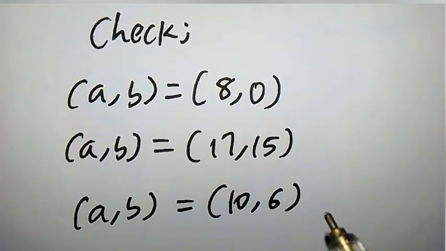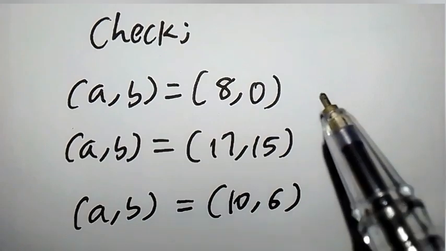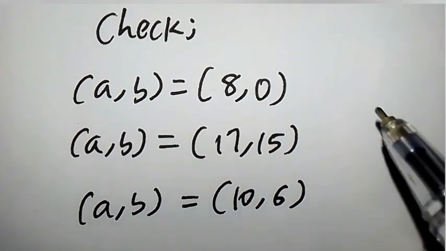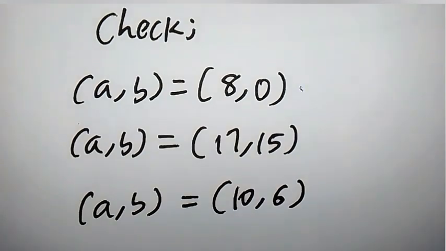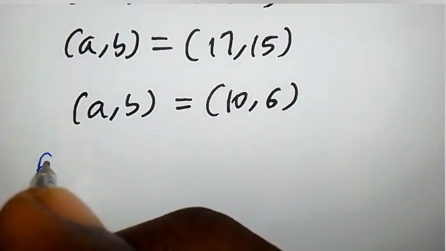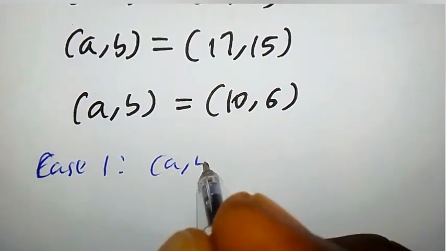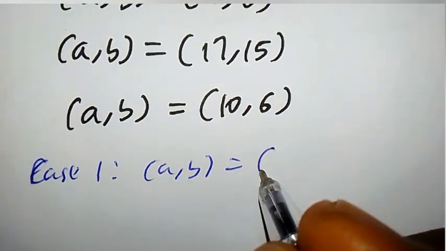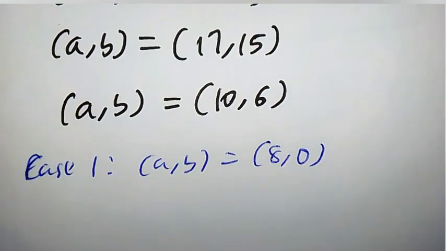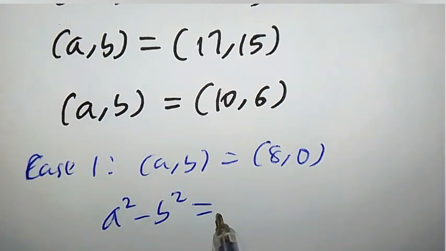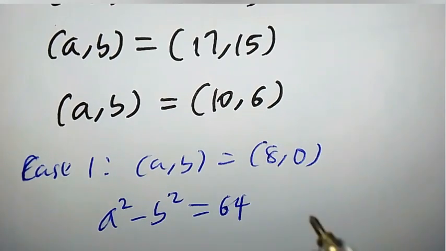It is good to verify if what we have done is right. Let's check for each case. First, for the solution that we obtained for the first case, let us verify it. For case 1, a comma b is equal to 8 comma 0. The original question says a to the power of 2 minus b to the power of 2 equal to 64.